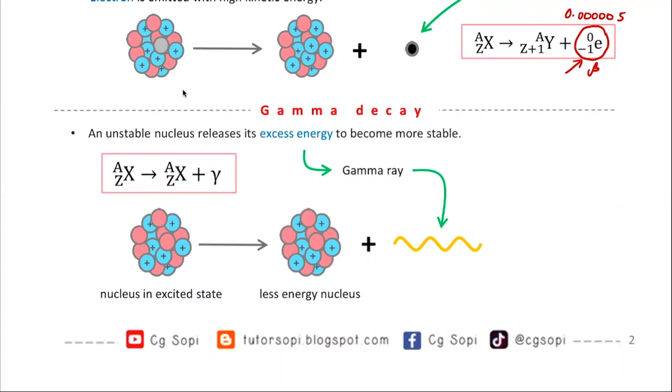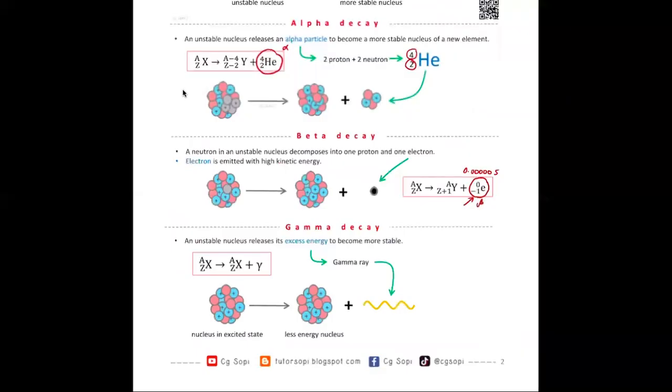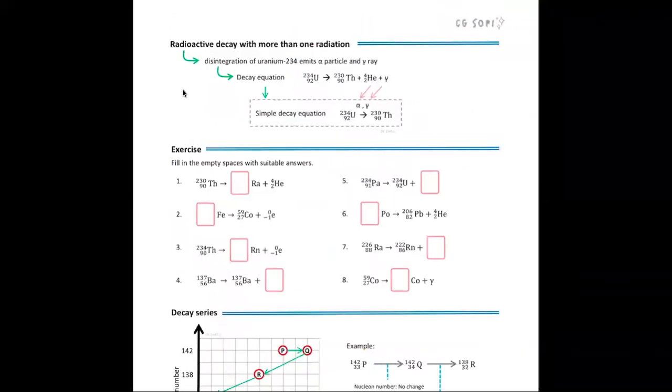Okay, it is neutral and it doesn't have any mass because it is a ray. So that one is for gamma decay. So looking back here in the next page, let's try and do the exercises involving the calculation.